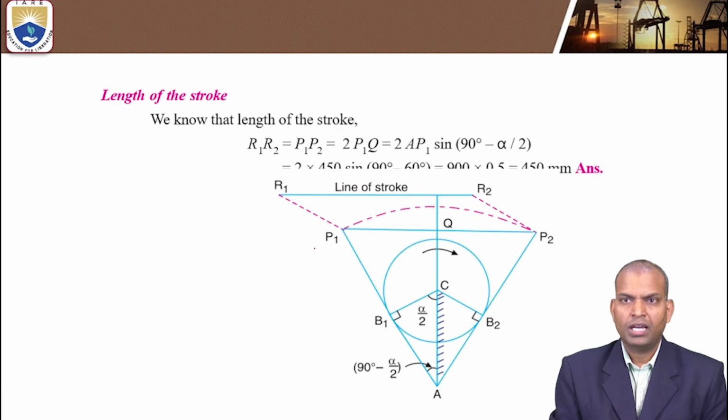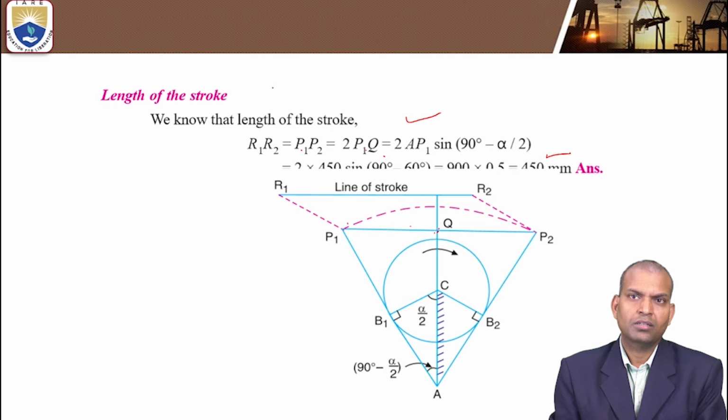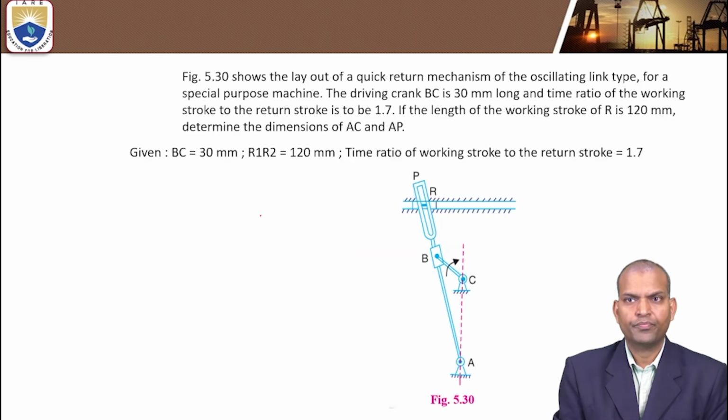R1 R2 equals P1 P2, that is 2 P1Q. What is 2 P1Q? It is 2 AP1 sin of 90 minus alpha by 2. Follow exactly, and it will be obtained. It is a very important model from the examination point of view.